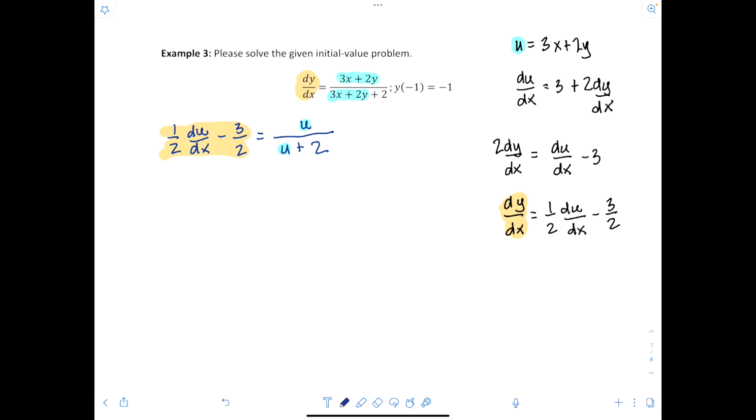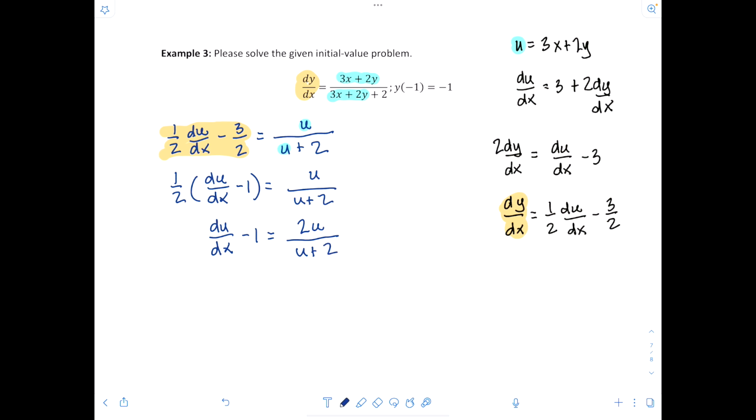So, factoring out a 1/2, we would have du/dx minus 3 is equal to u over u plus 2. Multiplying both sides by 2, we'll have du/dx minus 3 equals 2u over u plus 2.